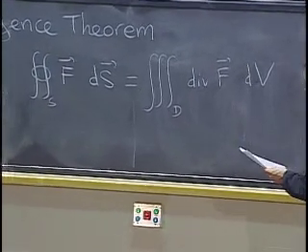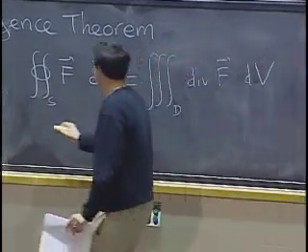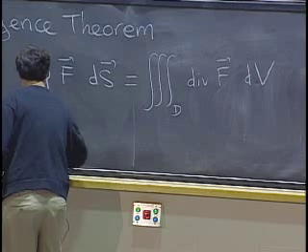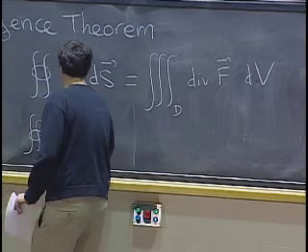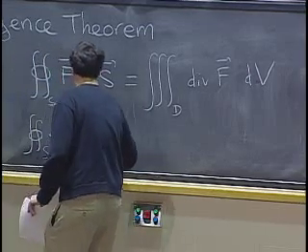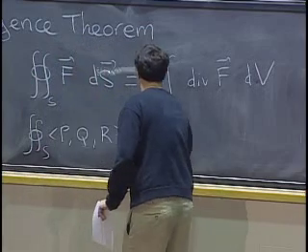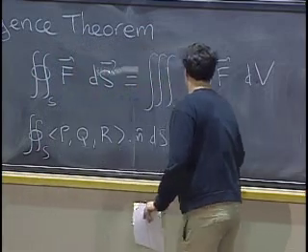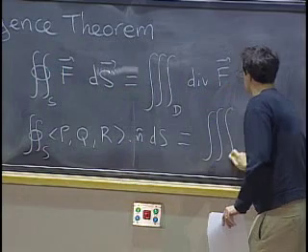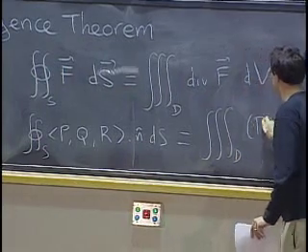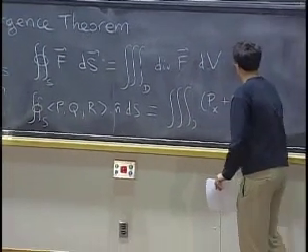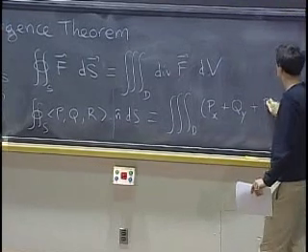Concretely, if the components of my vector field are P, Q, and R, then the flux integral of F dot n dS will become the triple integral of the divergence, which is P sub x plus Q sub y plus R sub z.